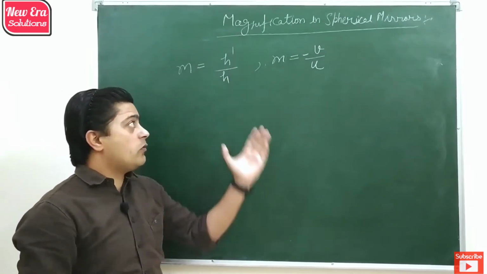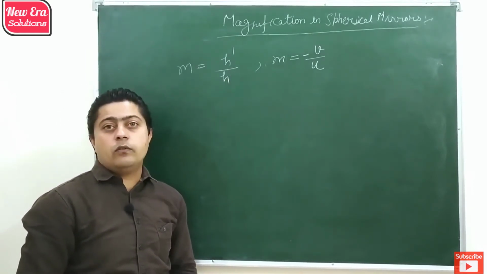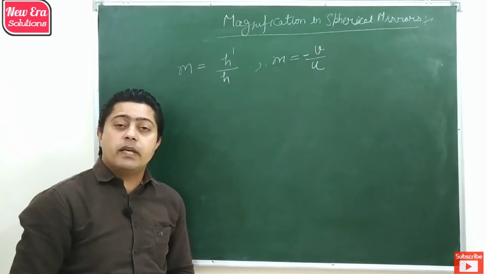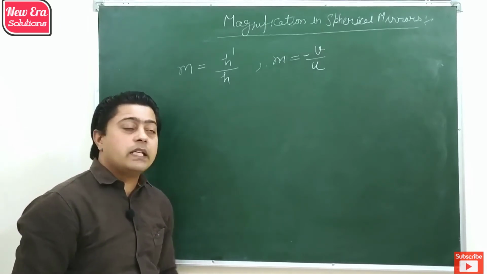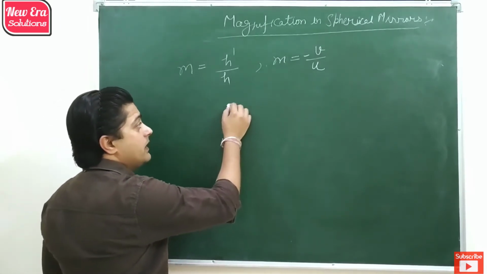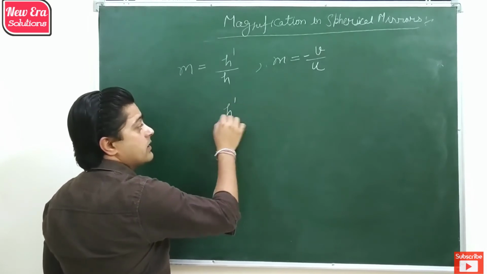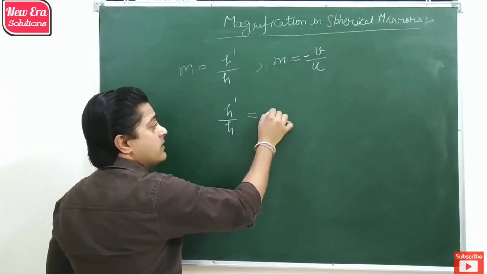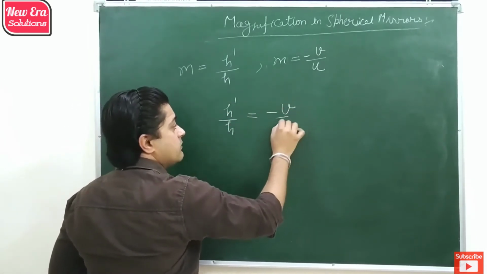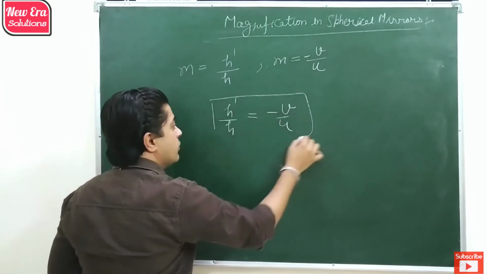The ratio of heights and the ratio of distances for image and object is always the same. So when we equate these two relations, we get h dash by h is equal to minus v by u.